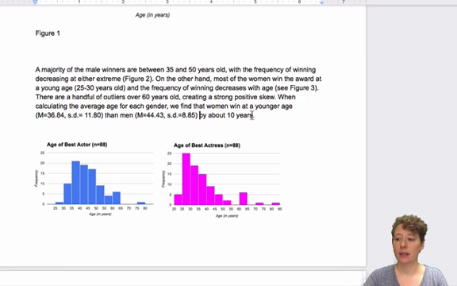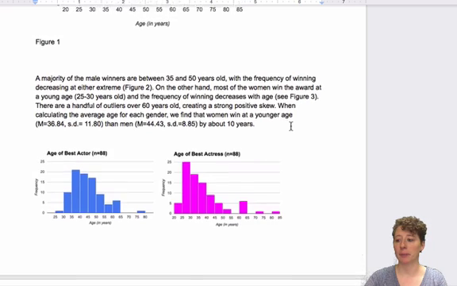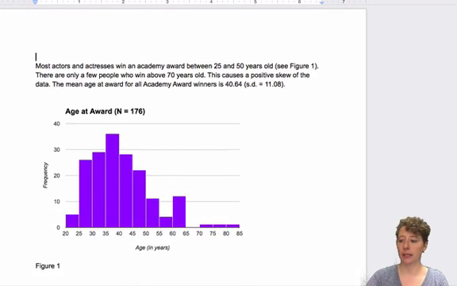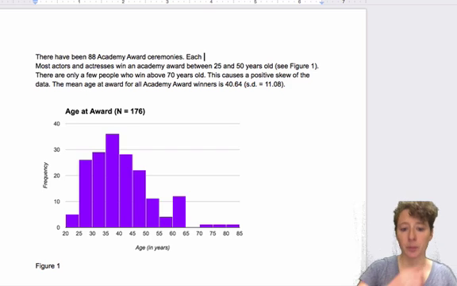Okay, now I can go back and add some extra details, clean it up a little bit. Let's add some information about what we're looking at. So just some context for this data. There have been 88 Academy Award ceremonies, and there's an equal number of males and females.